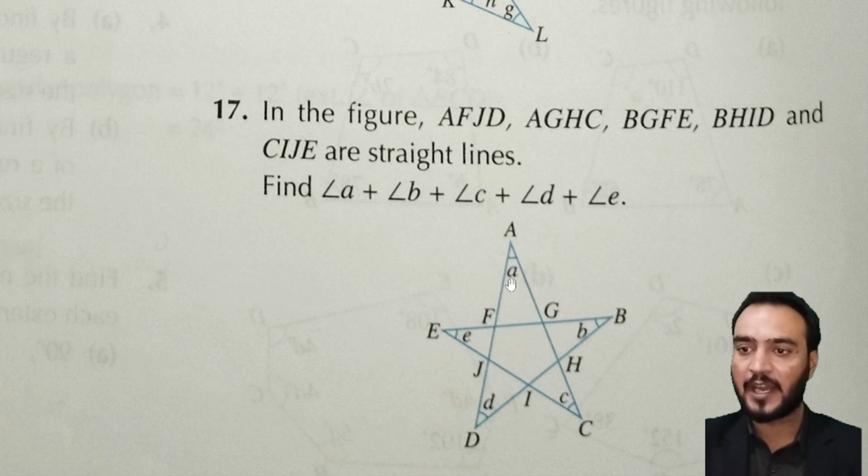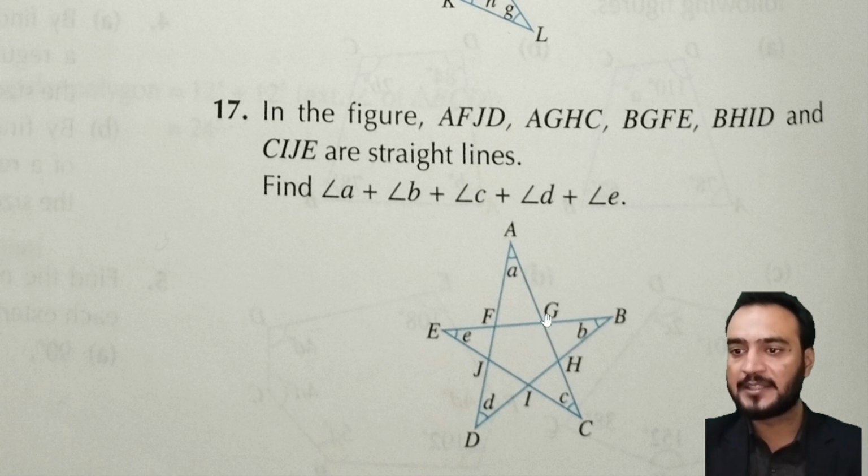At point A we have the angle A. At point F, the inside is the interior angle, and at point F, this is the exterior angle of this pentagon, and at point G is also an exterior angle. That is, angle FGA is an exterior angle to this pentagon.